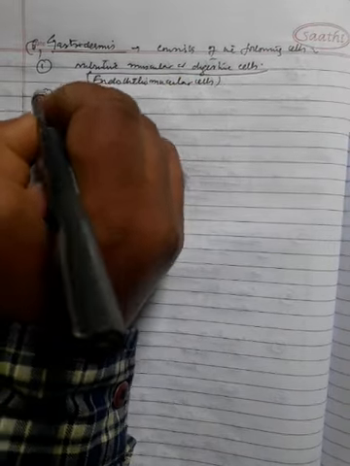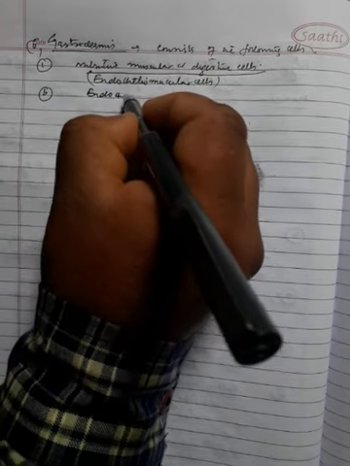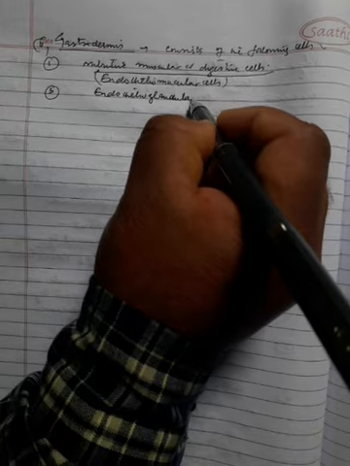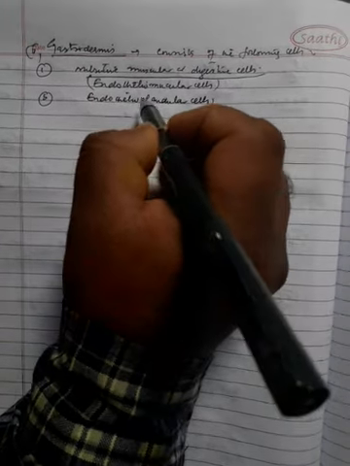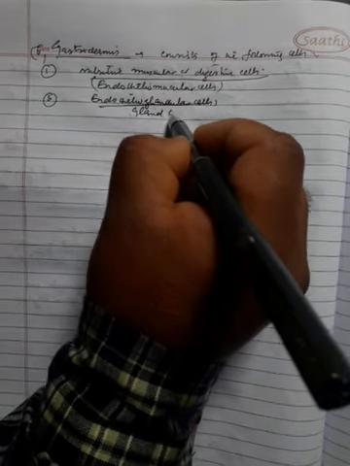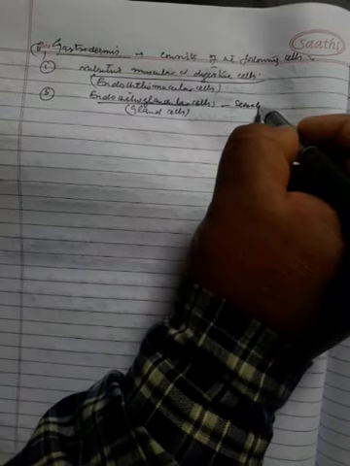Then we have the second type of cell, endothelio-glandular cells, or they are called gland cells. They are actually secretory cells.